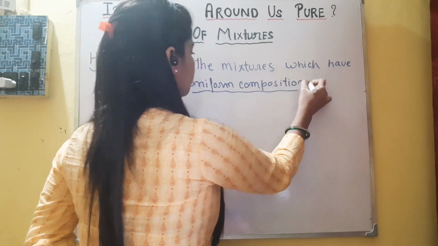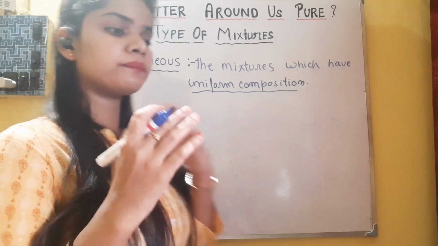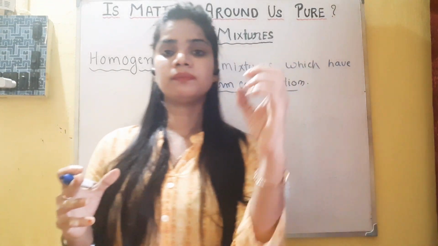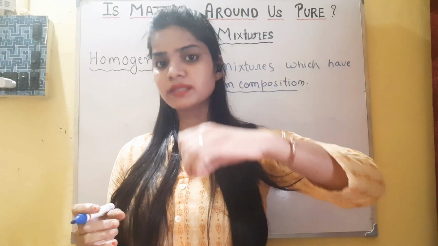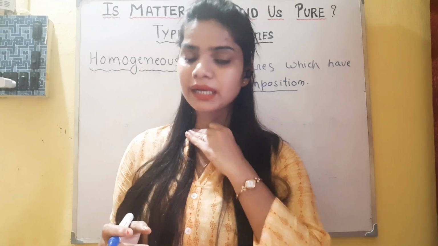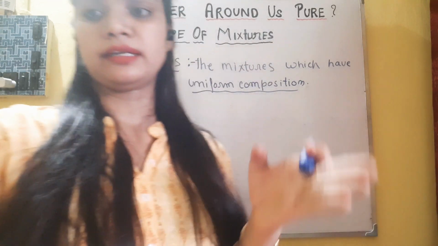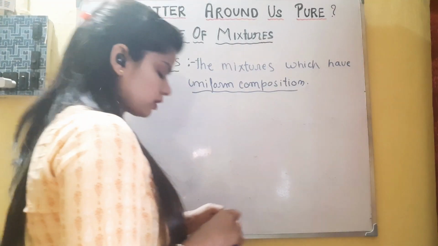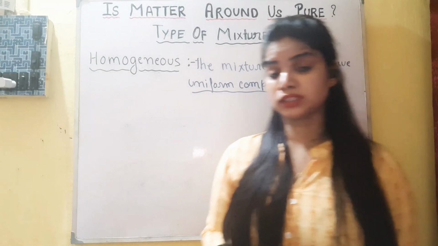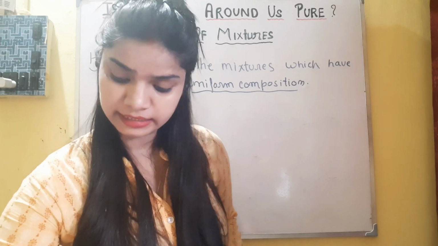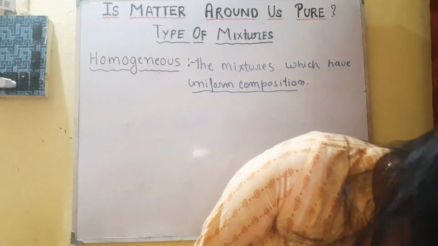Uniform composition means the substances which are mixed in water get completely dissolved, so that we cannot see them separately. So it's a homogeneous mixture. Now the second is heterogeneous mixture.